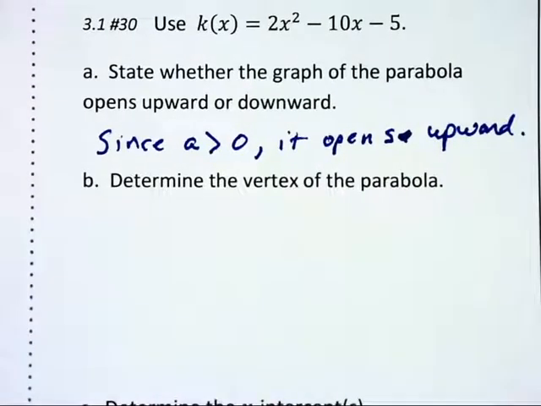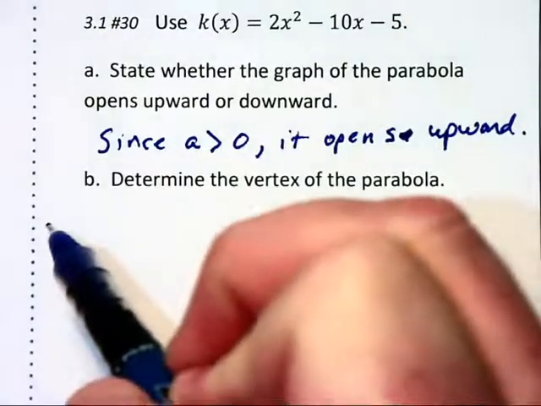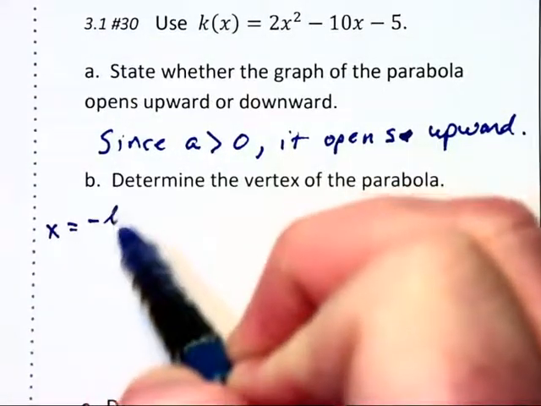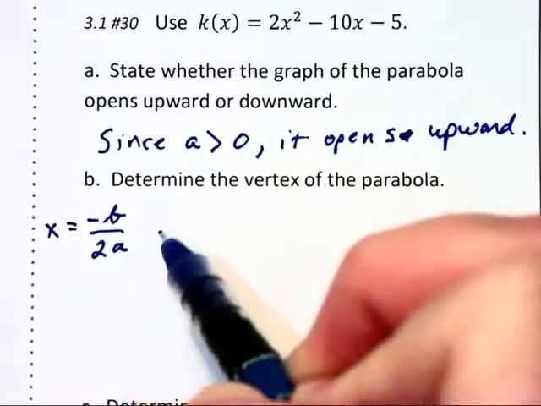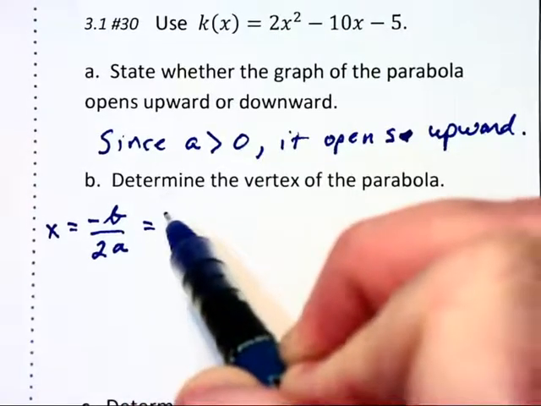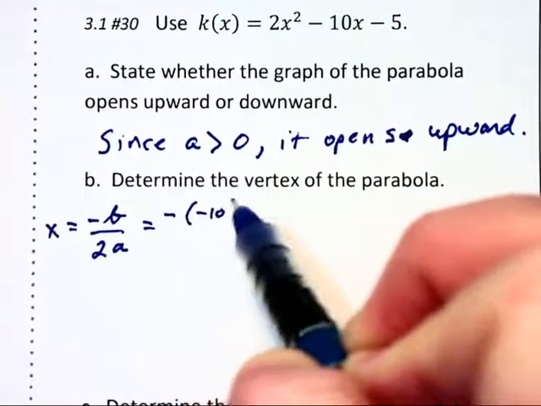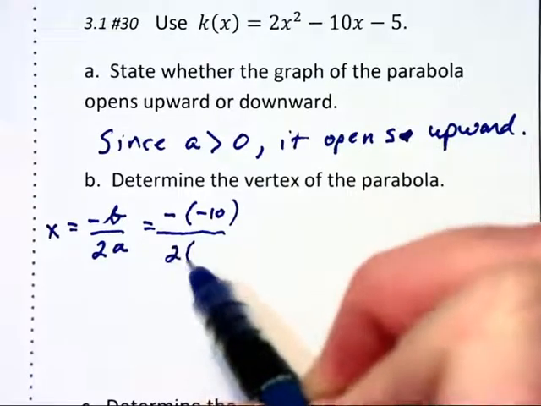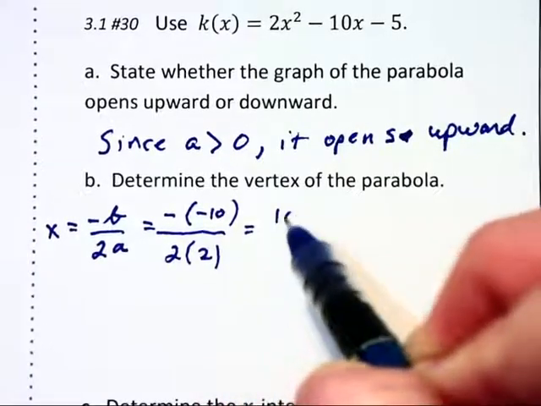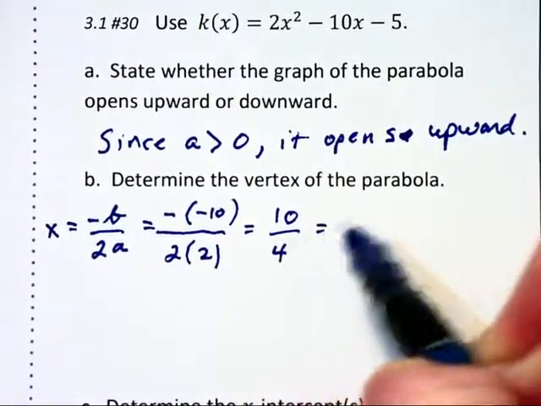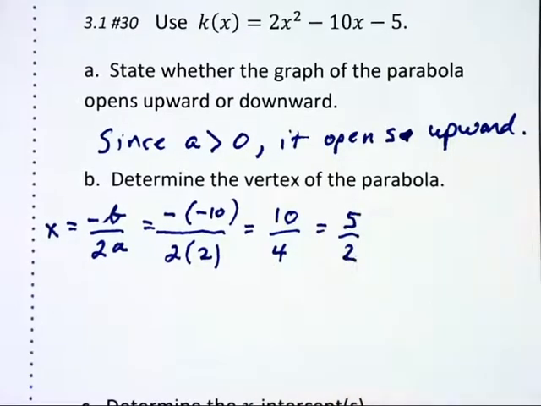Let's find the vertex using this new method. x is equal to negative b over 2a. This will be the negative of negative 10 over 2 times 2, which is 10/4, reducing to 5/2.